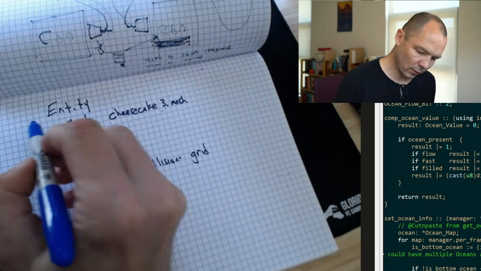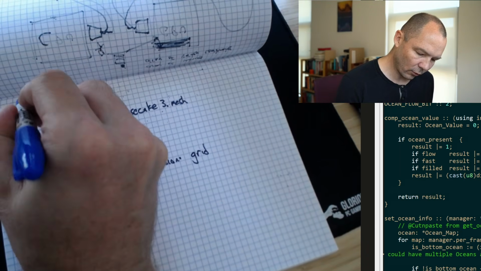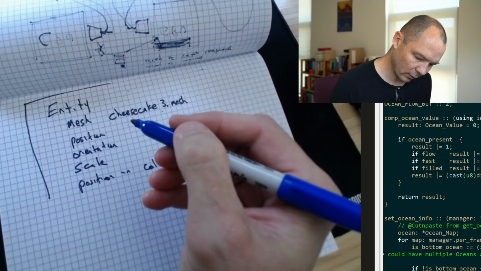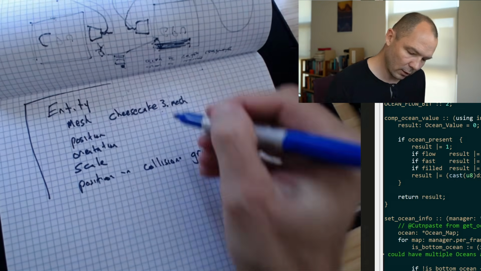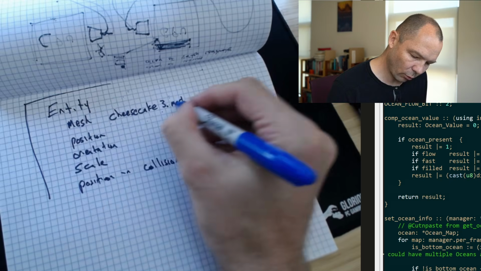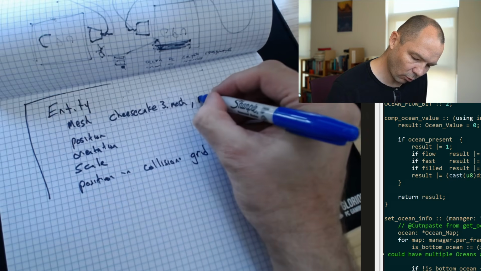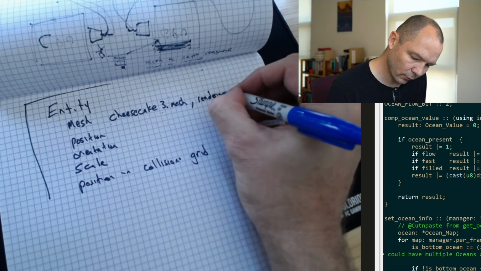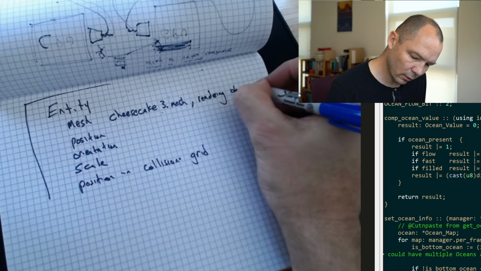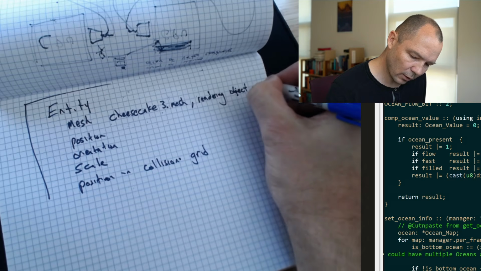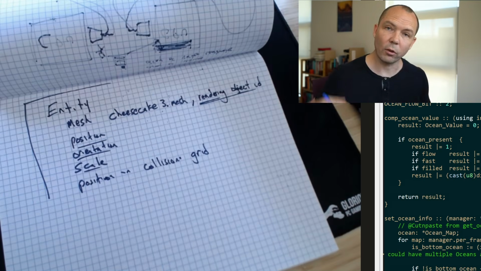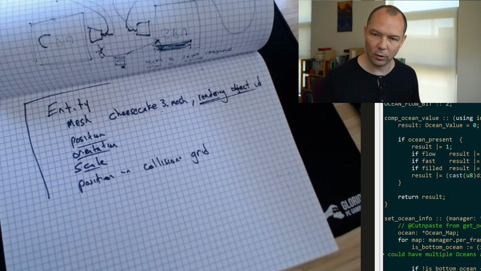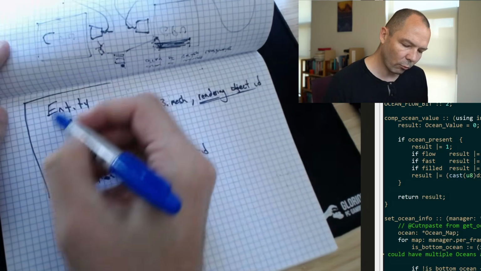So your game engine is keeping around data. Remember how we said there's an object ID? You might associate that with your storage of the mesh in the game engine. So rendering object ID. This and this and this and this are the things that we would pass when we want to draw the cheesecake on the screen. Those are stored somewhere in memory.